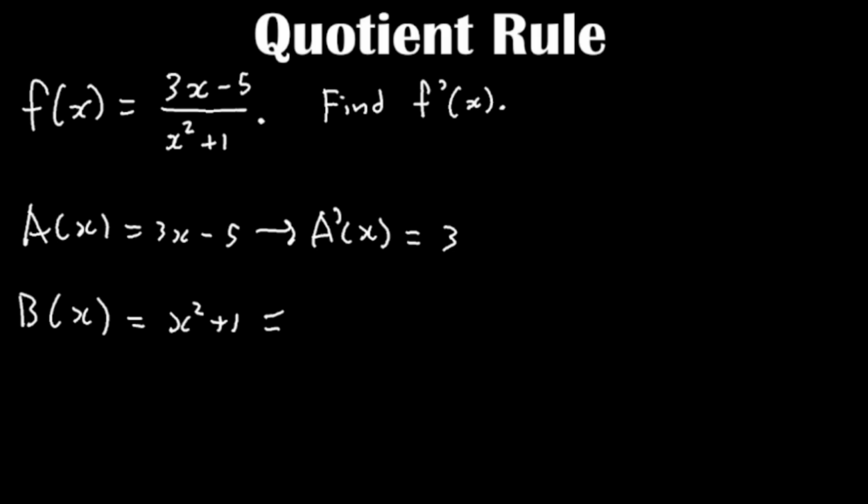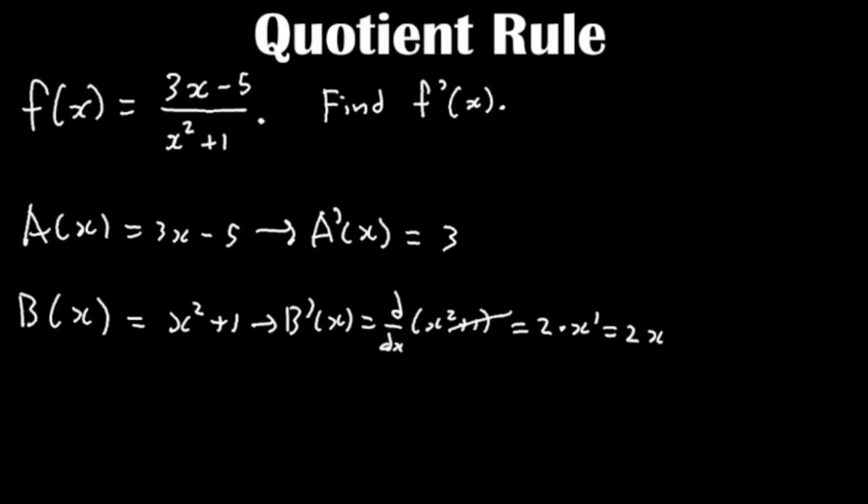And the derivative of x squared plus 1, so b prime of x, that's the derivative of x squared plus 1. This constant term just goes to 0. The derivative of x squared is 2 times x to the first power. That's just 2x. So now we have our derivatives.